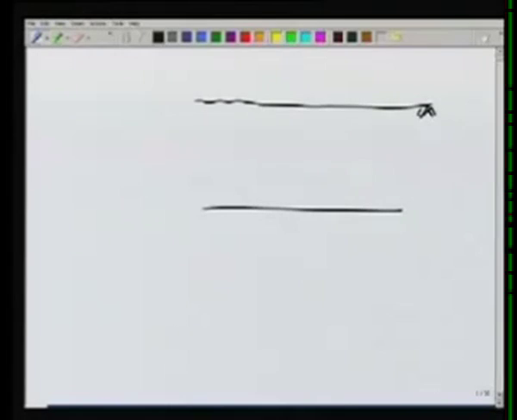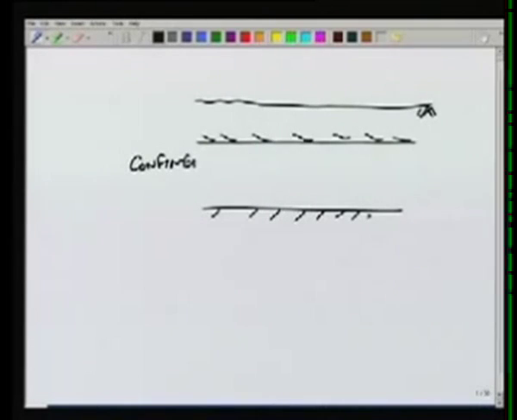So this is the ground level. And let's say we have a confined aquifer being pumped through a well.